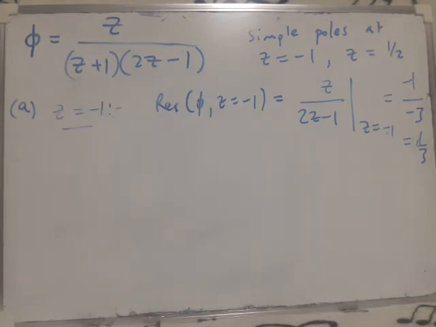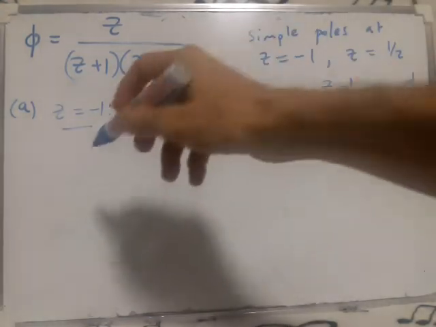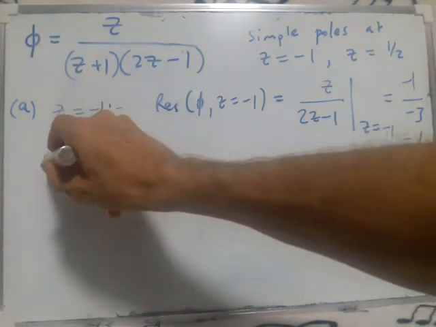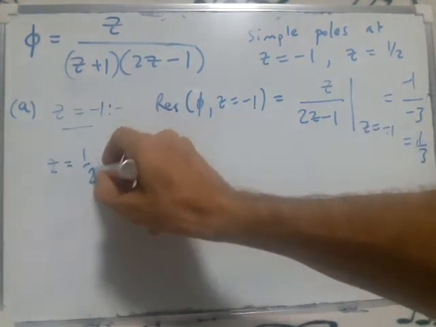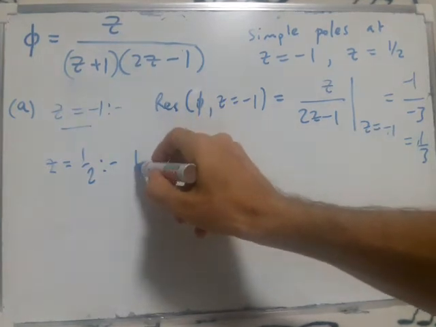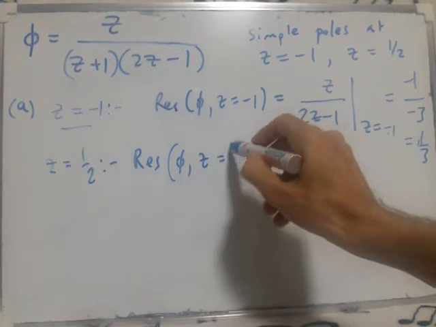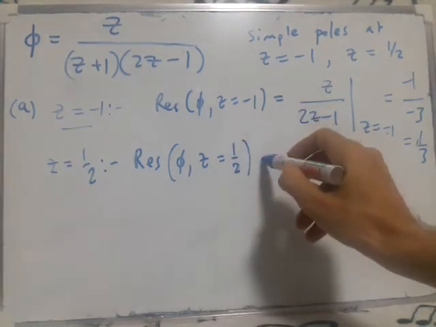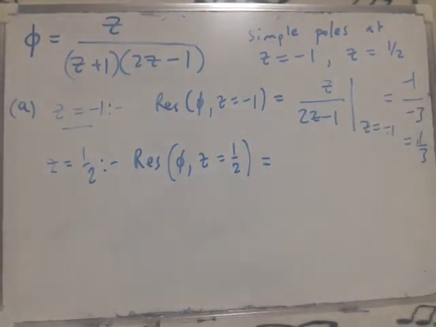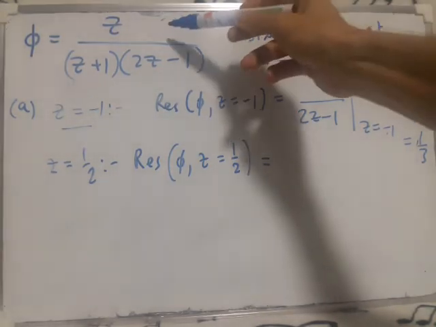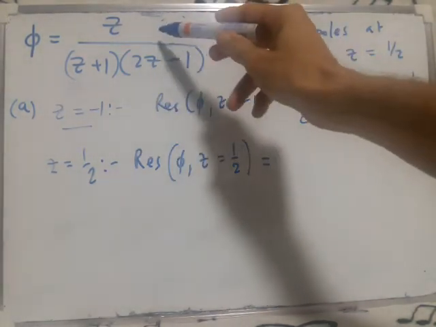Now for the other one, z equals half. This time I multiply by z minus a half.